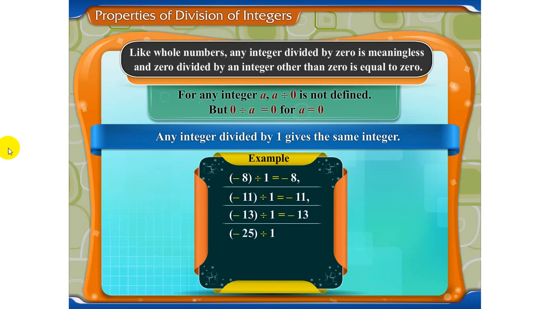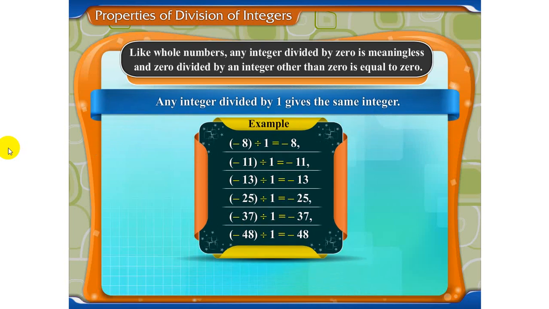Minus 25 divided by 1 is equal to minus 25. Minus 37 divided by 1 is equal to minus 37. Minus 48 divided by 1 is equal to minus 48. So in general, for any integer a, a divided by 1 is equal to a.